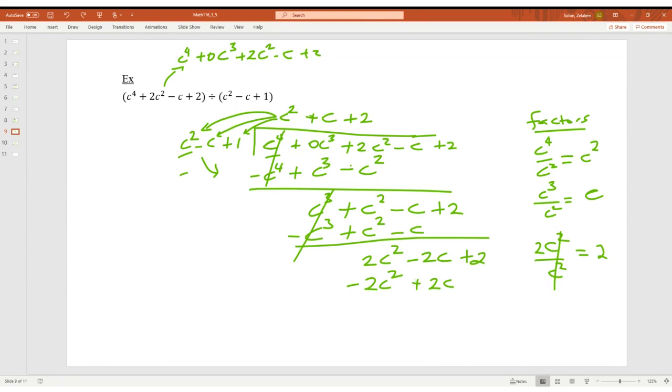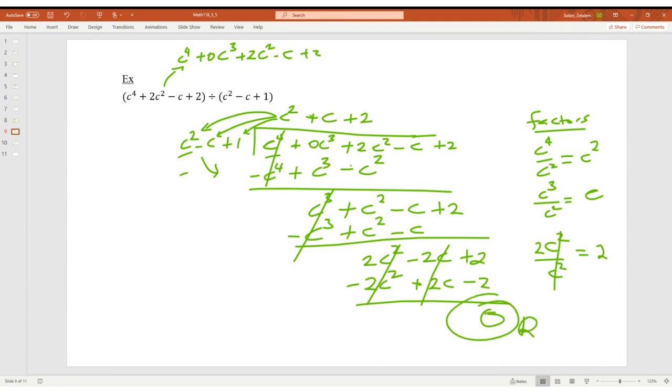Switching the sign and adding is the same thing. 2 times 1 is 2, so I will change it into minus 2. Okay, now we add: 2c squared minus 2c squared will cancel out. Negative 2c plus 2c, again they are 0. 2 minus 2 is 0. 0 is our remainder.